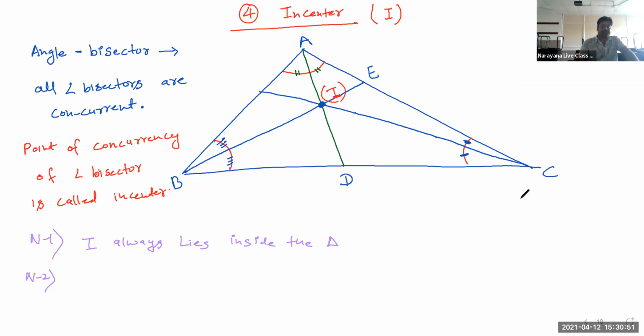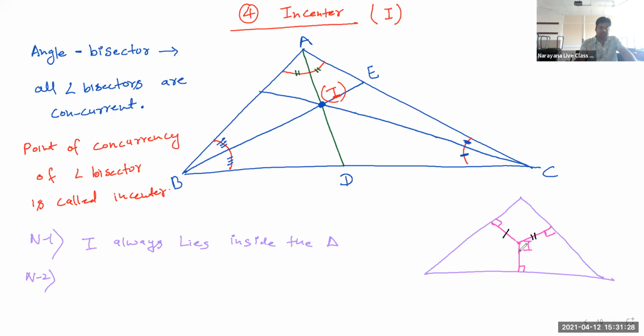Next thing is, if you draw a circle taking I as center and radius as this line, I'm just drawing here. Okay. So from the incenter, all the three sides are at equal distance.